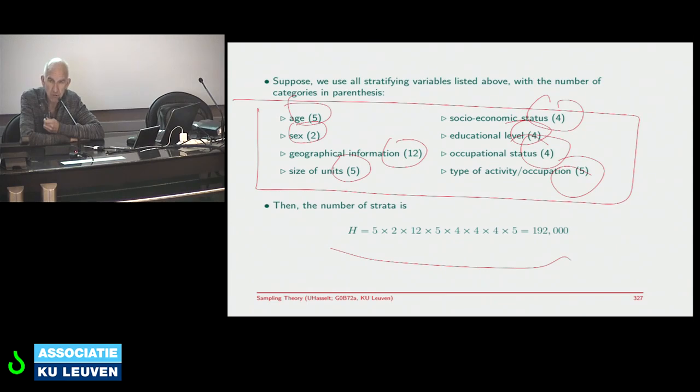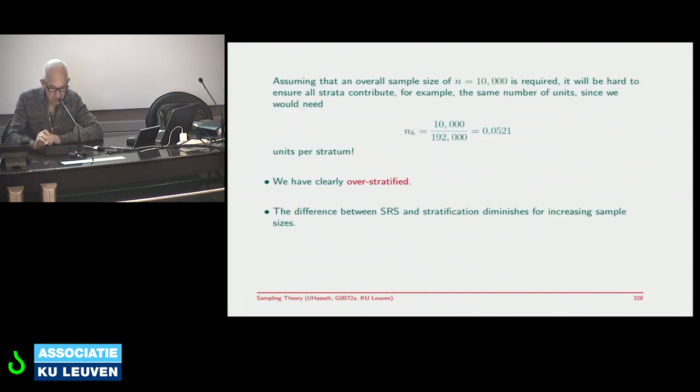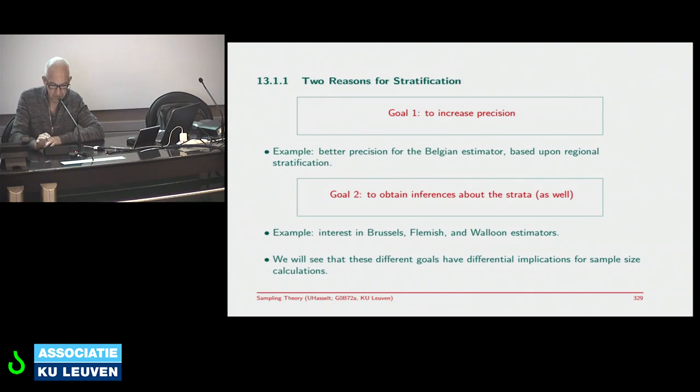So you have to be moderate with the number of strata that you consider. Okay, so that's what I just said. We have overstratified. We scale back and we say important stratifying variables at not too many levels. Let's stick to that. Let's stop it there.